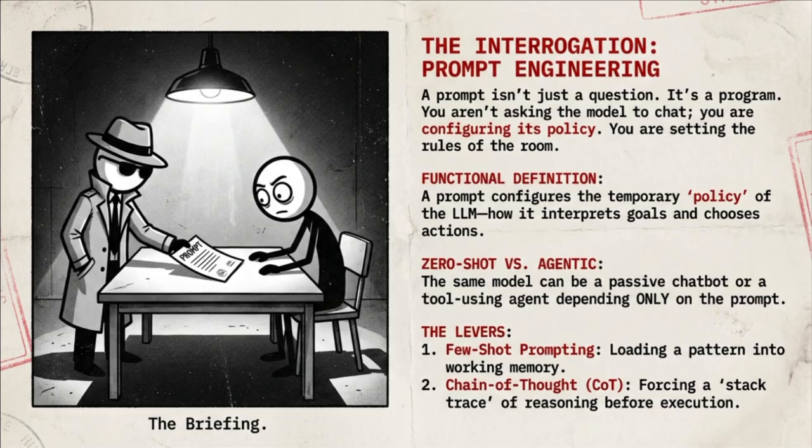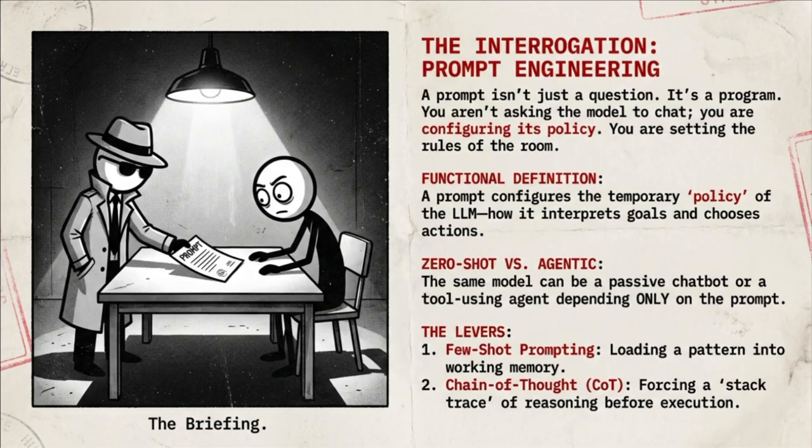It dictates how the model interprets goals and how it chooses specific actions. The exact same model can behave as a passive chatbot or a sophisticated tool using agent depending entirely on how the prompt is engineered. There are two primary levers we use to adjust its behavior.